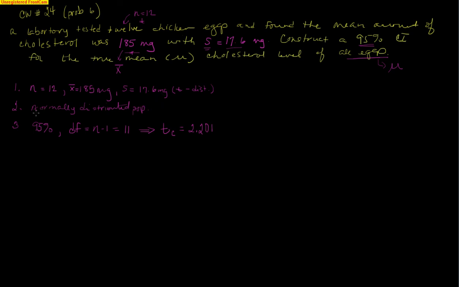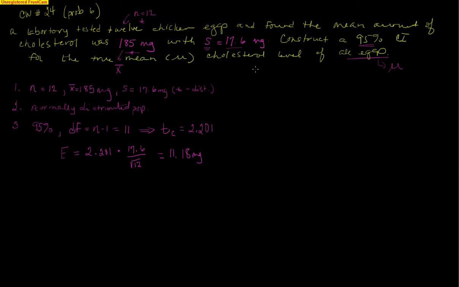That's really the only difference. So we find the error to be 2.201, our critical value, times the sample standard deviation of 17.6, divided by the square root of the sample size, 12. If you put all that into your calculator, you will get 11.18 milligrams.